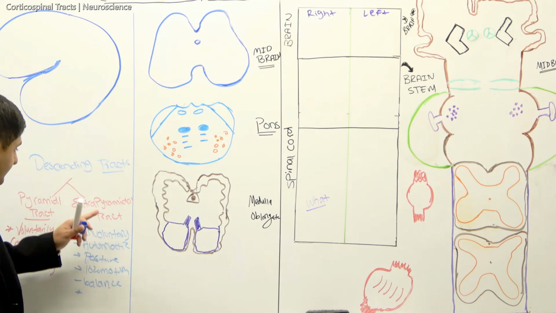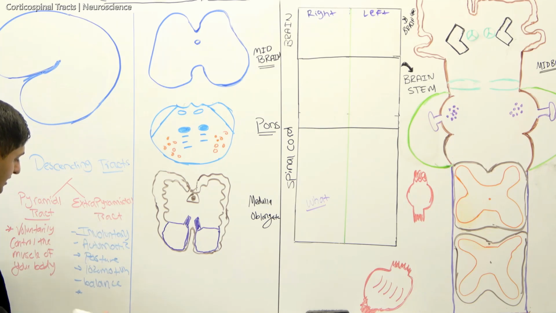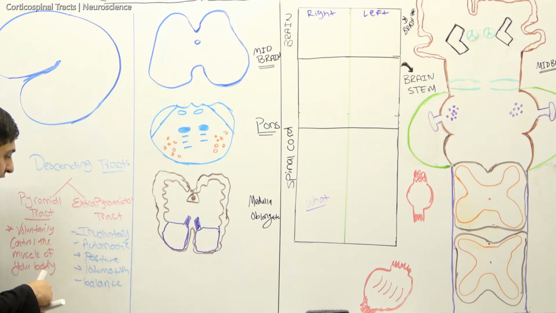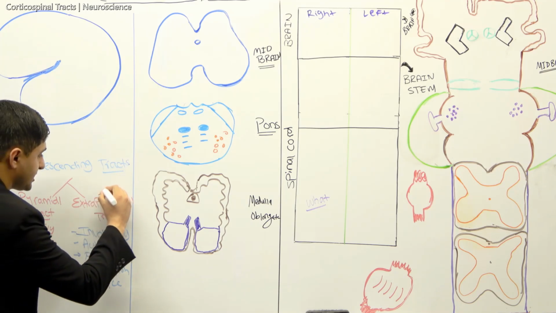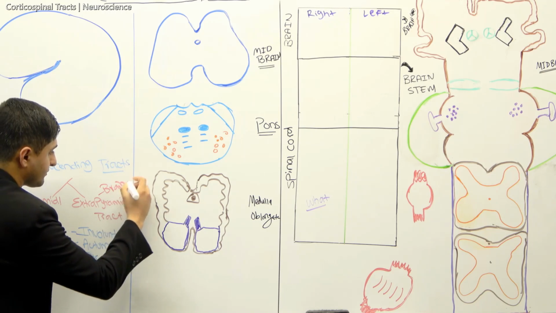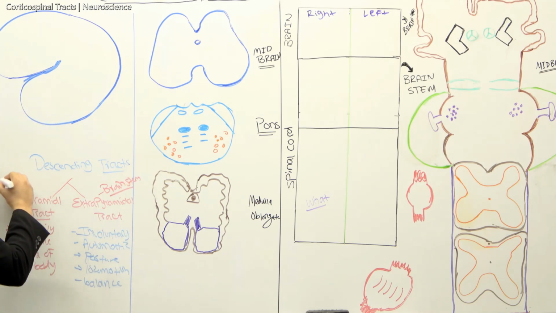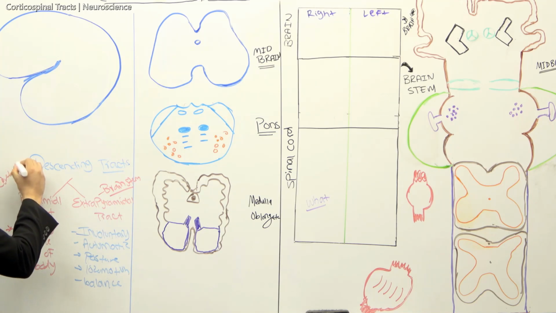This extrapyramidal tract arises from, a couple of things you have to understand here, their cell bodies are located in the brainstem. You have to remember this. For the pyramidal tract, their cell bodies are usually located in the cerebral cortex.